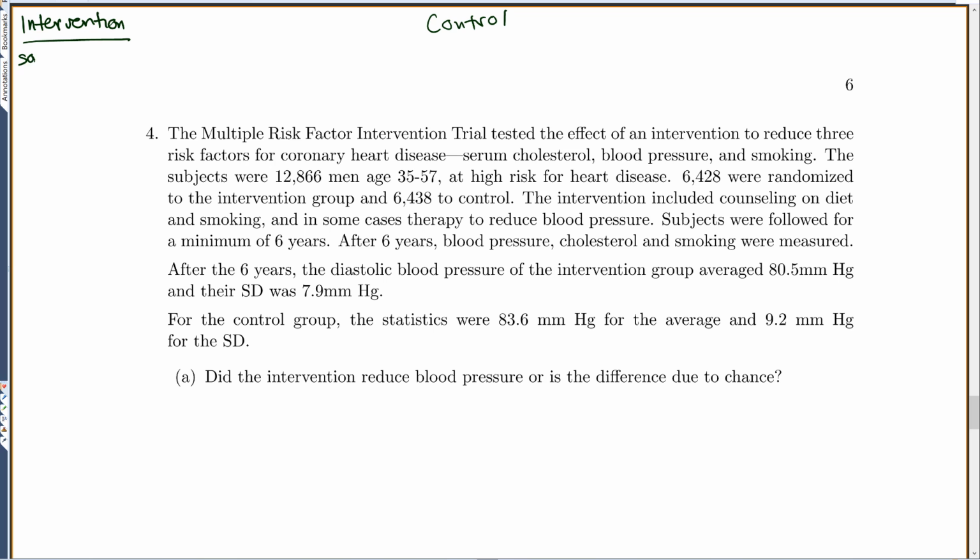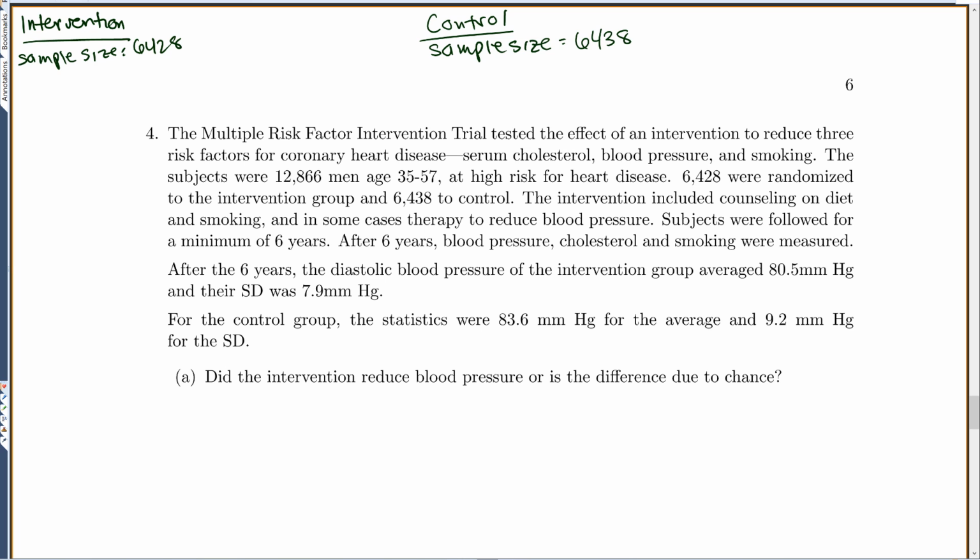So my sample size equals 6,428 for the intervention, and for the control, my sample size equals 6,438. The intervention included counseling on diet and smoking, in some cases therapy to reduce the blood pressure.